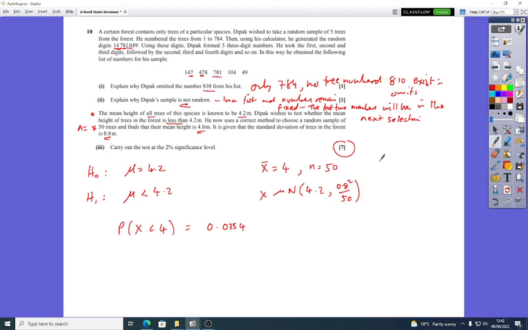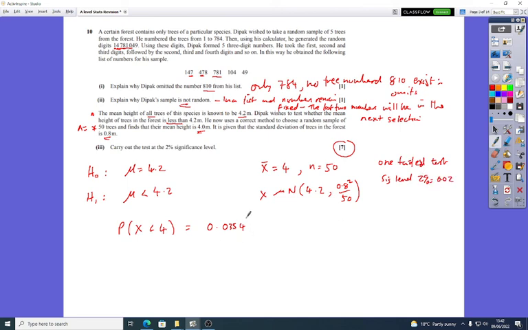Now from here, what you could have stated, and it's pretty obvious, and I should have stated it, is that it is a one-tail test, and the significance level is 2%. And it's important at this point to write 2% is 0.02.